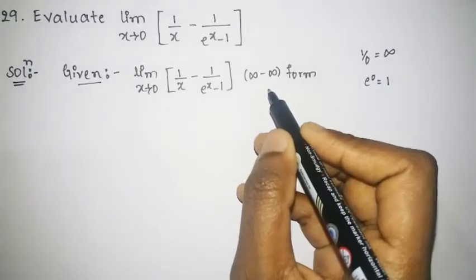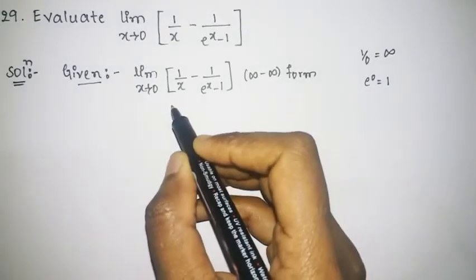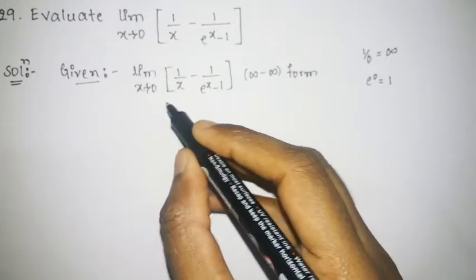Whenever there is an infinity minus infinity form, our first step is to take the LCM on both the sides.